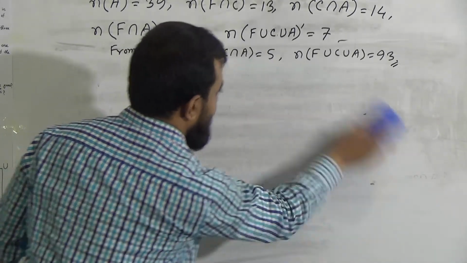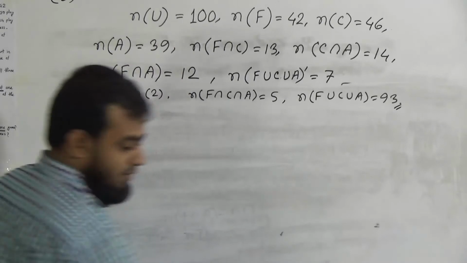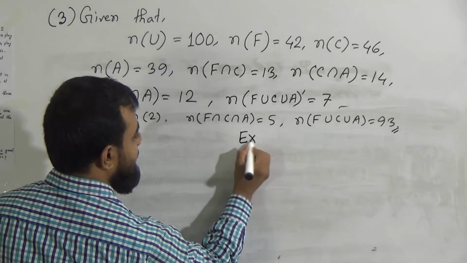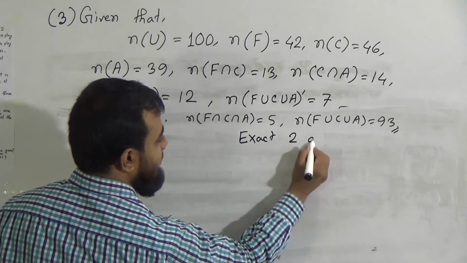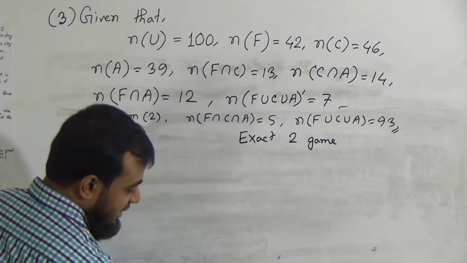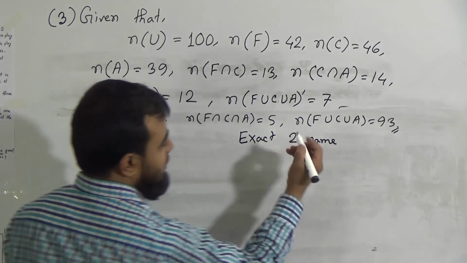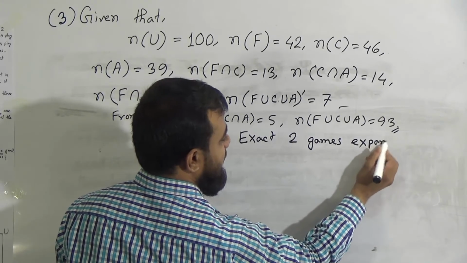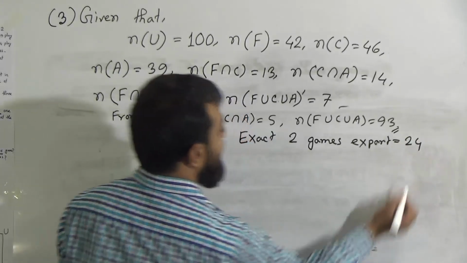First of all, we need to calculate the exact 2 games expert, which is 24. I'm writing this because you need to solve this. Exactly 2 games expert equal to 24.